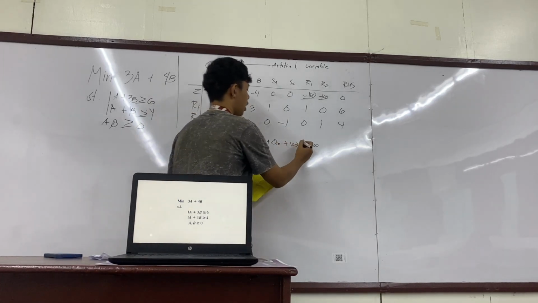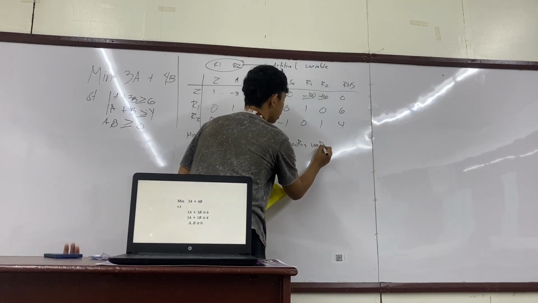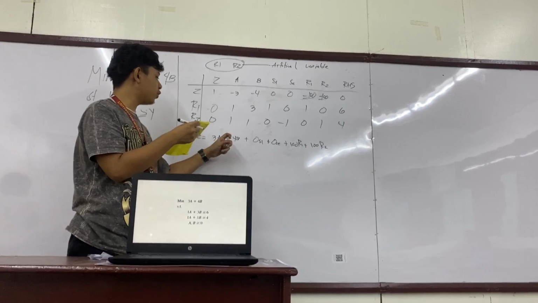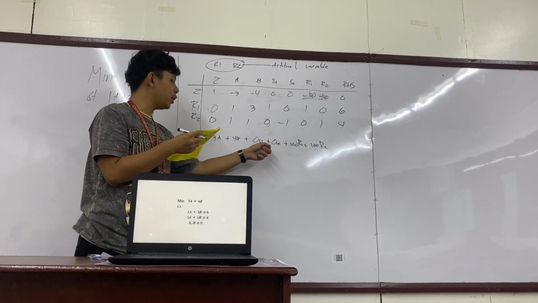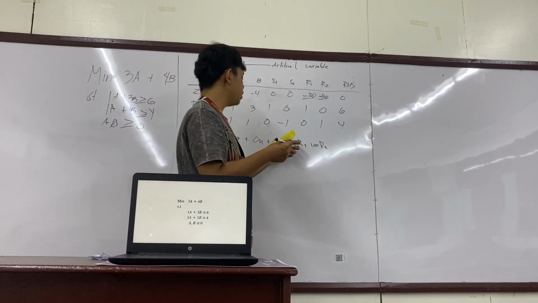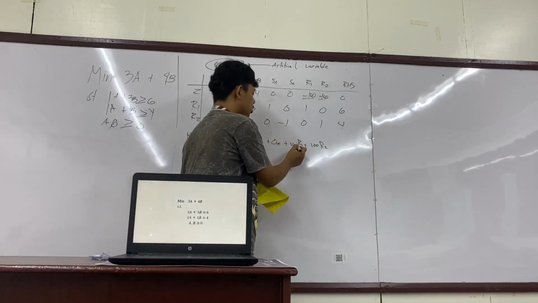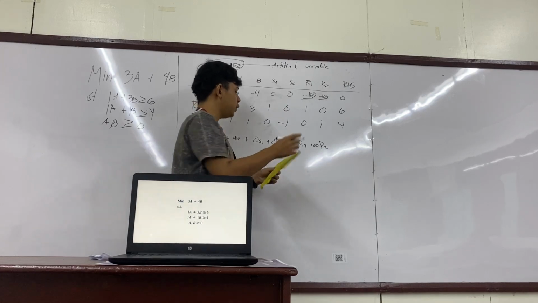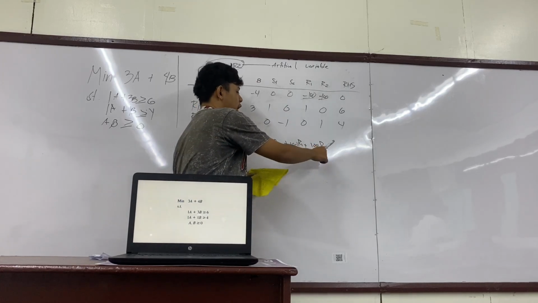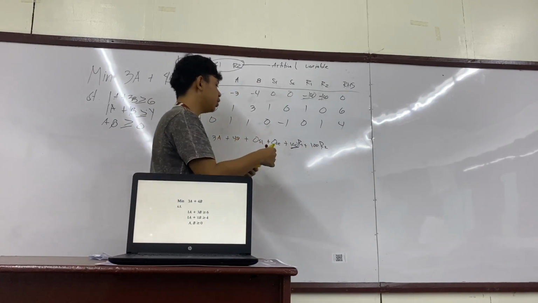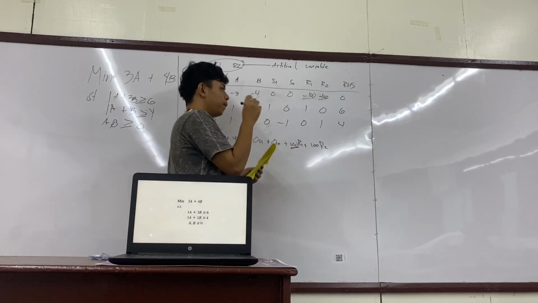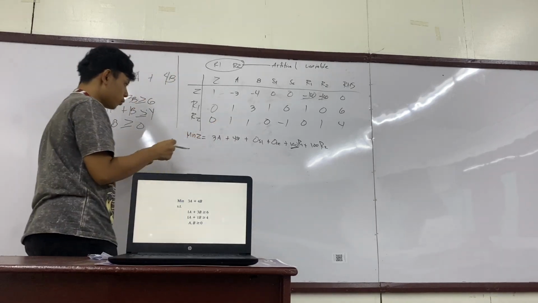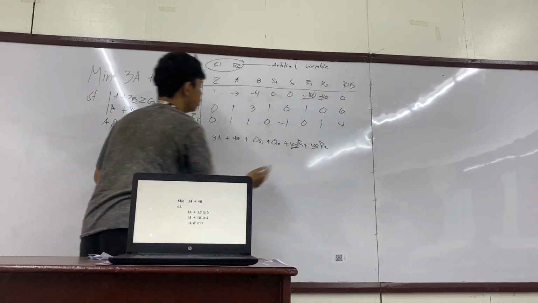So this is our formula now, which is 3A plus 4B plus 0S1 plus 0S2 plus 100. Since we use the higher value, because the value of R1 and R2 is 0, if we multiply it by 100, it's 0. So this is the higher value.